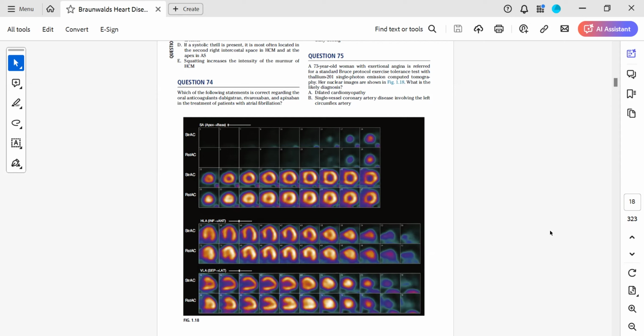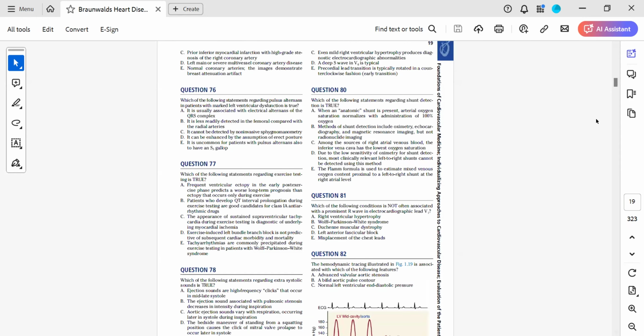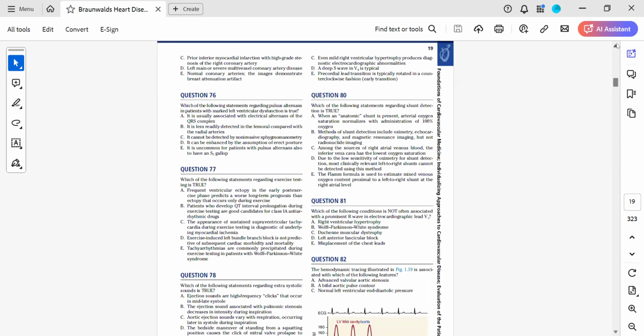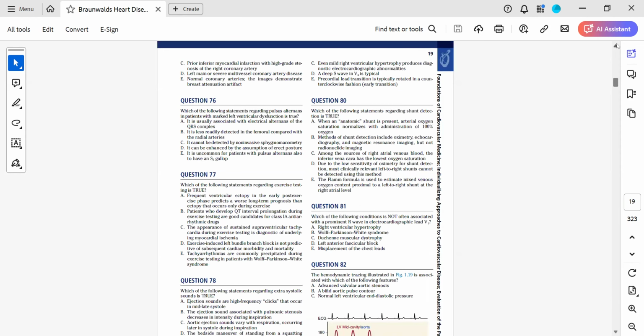So let's look at the options and see what we can make out of it. Okay. So the options. What is the likely diagnosis? A, dilated cardiomyopathy. B, single vessel coronary artery disease involving the left circumflex artery. C, prior inferior myocardial infarction with high-grade stenosis of the right coronary artery.